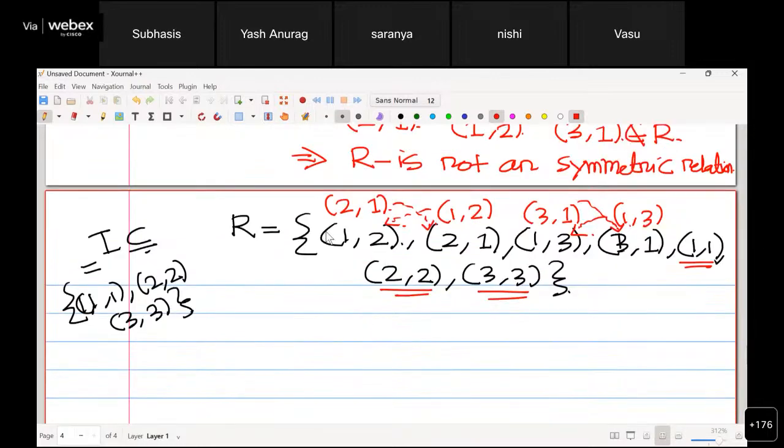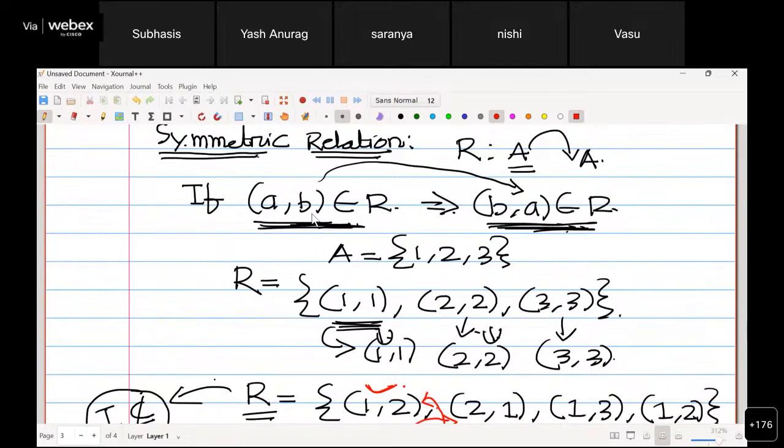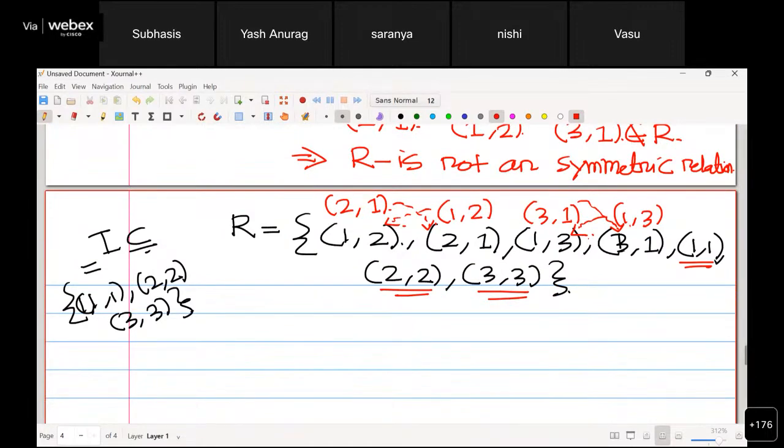That means if I flip all the elements, they are inside R. So this condition holds: for all (a, b) in R, (b, a) is also in R. That means R is a symmetric relation.